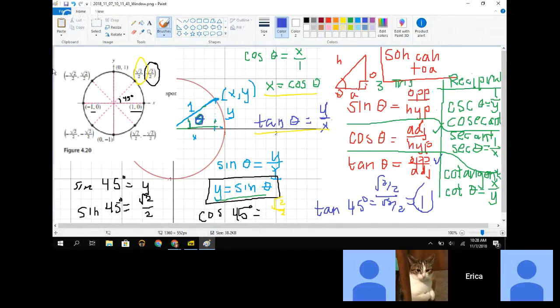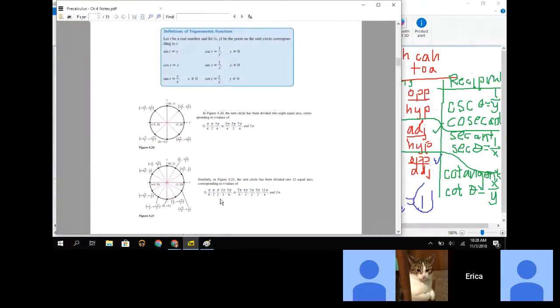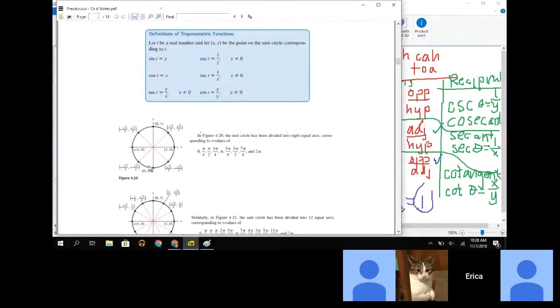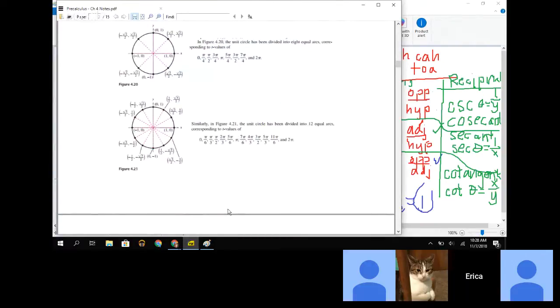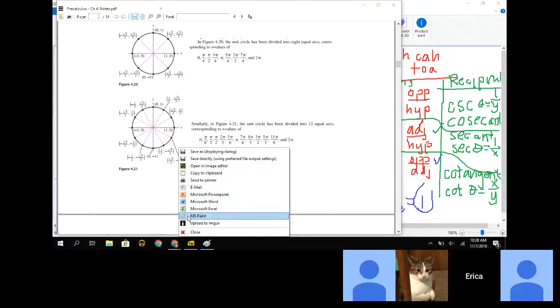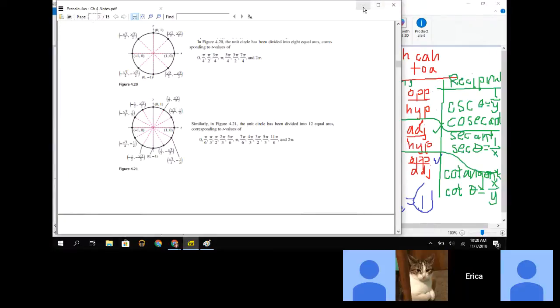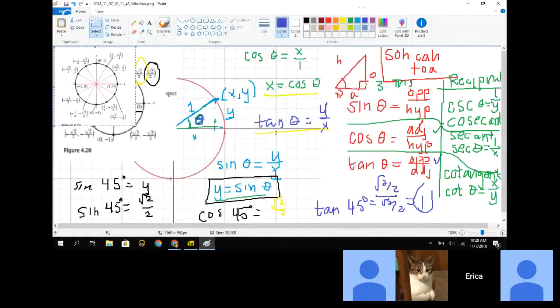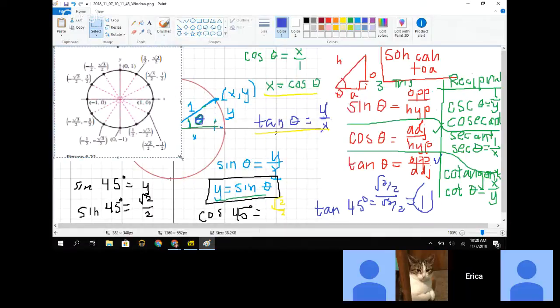Right? If I extend that a little bit further, scroll in a little more. It's actually kind of cool that you can do that. All right, copy to clipboard. Okay. If I extend that, this circle has been divided into 12 equal parts, right?